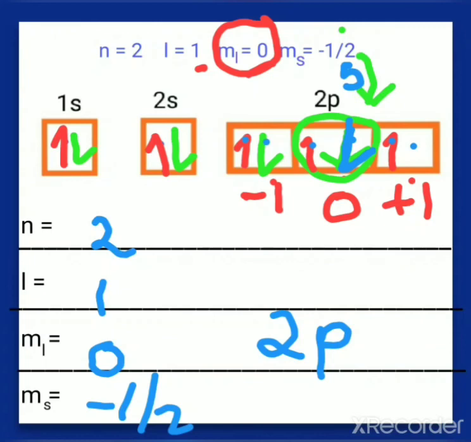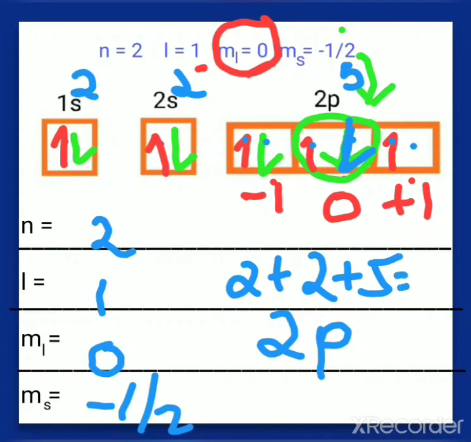So when you count the number of electrons, there are 2 electrons here, 2 electrons here, and here there are 5. So 2 plus 2 plus 5, how much does it give?